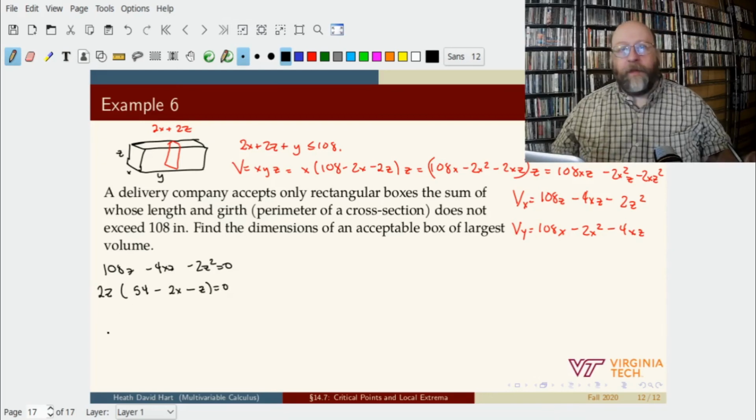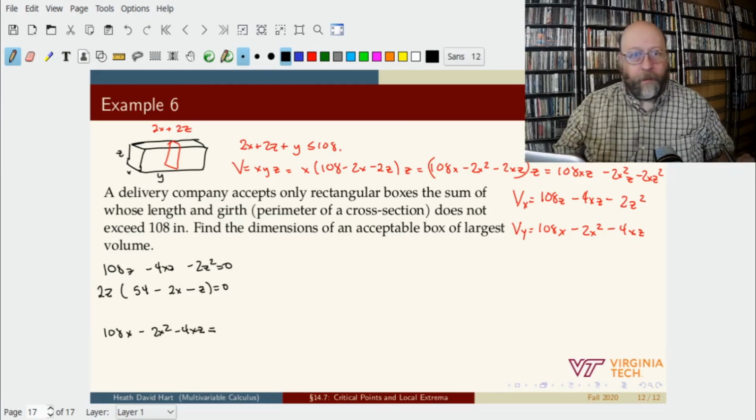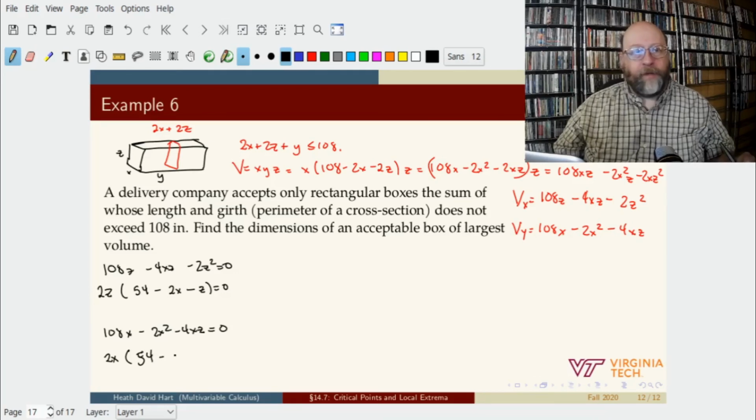And the other equation, 108x minus 2x squared minus 4xz equals 0. I can take out a 2x, and I'm left with 54 minus x minus 2z equals 0.